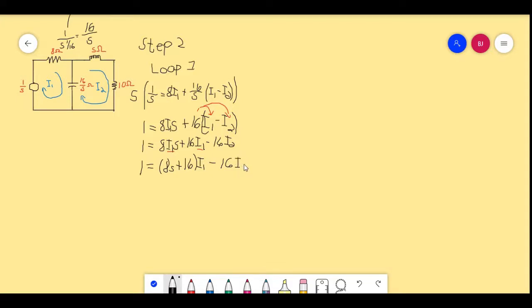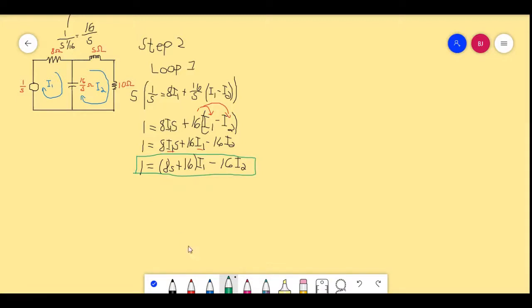So this would be the final form of our loop number 1. As you can see, there are no S in the denominator, and I1 and I2 are grouped together already and have been factored out.